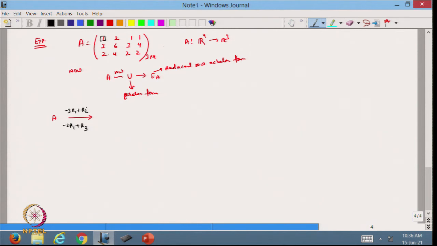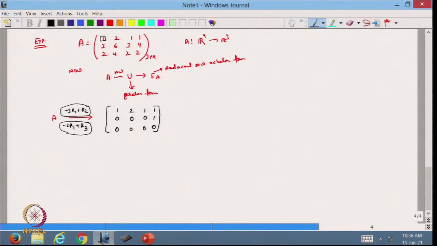Now if you see from here, I am taking a linear combination of R1 and R2, and here a linear combination of R1 and R3, and I get this matrix: 1 2 1 1, and this is 0. Because I am multiplying by minus 3, minus 3 plus 3 is 0, this will also be 0, and this will be minus 3 plus 4, which is 1. Now minus 2 to 0, so it will be 0 0 0.